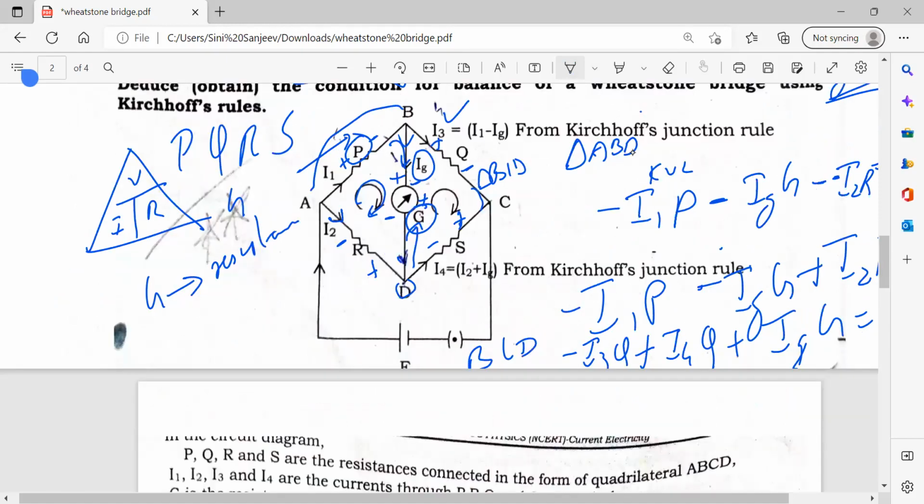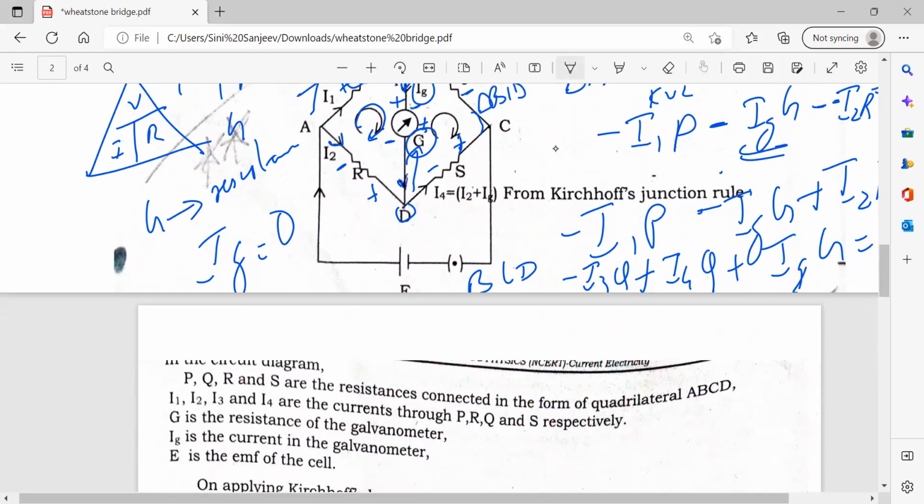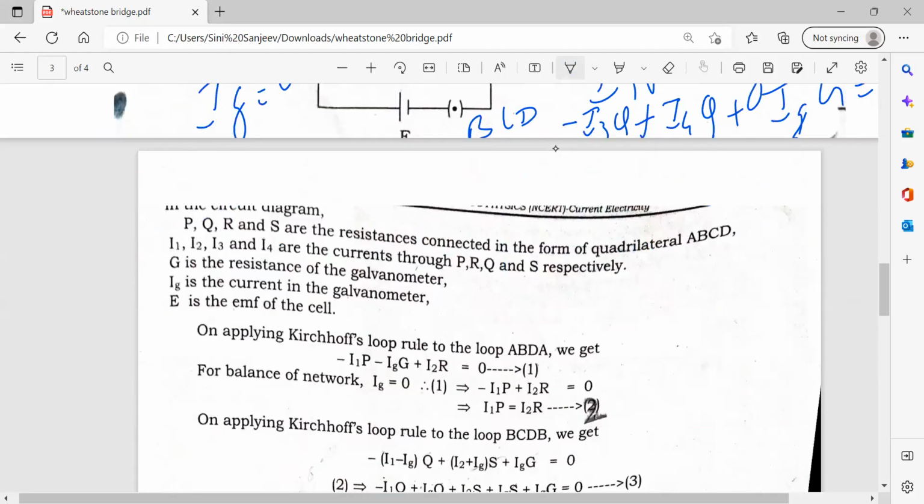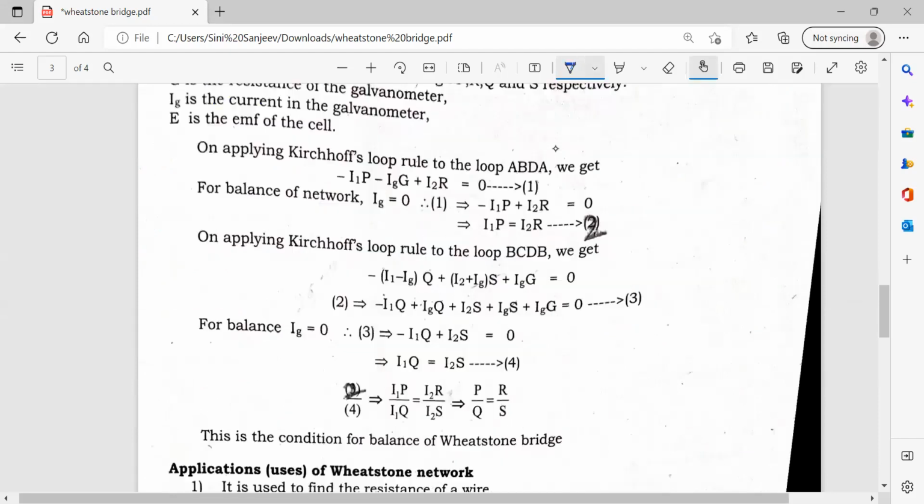Yes, correct. And wherever the IG value is there, you have to substitute 0, because I told you the IG value should be 0 for balancing the circuit. If galvanometer current is not 0, then there will be deflection, and I can't measure the resistance value properly. So this is the same thing which I have written here.